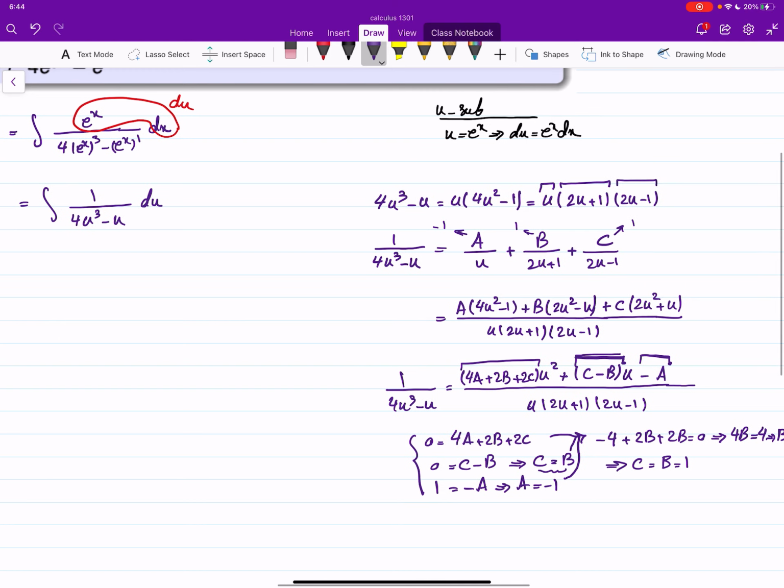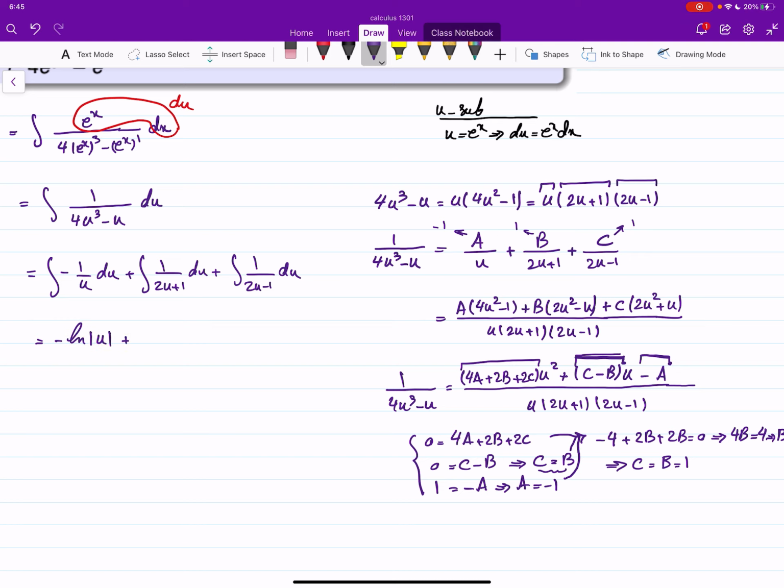So I can write the decomposition now for myself. Minus 1 over u du. The second one is 1 over 2u plus 1 du. And the third one is 1 over 2u minus 1 du. So now we are down to partial fractions. Integrals of these are easy.